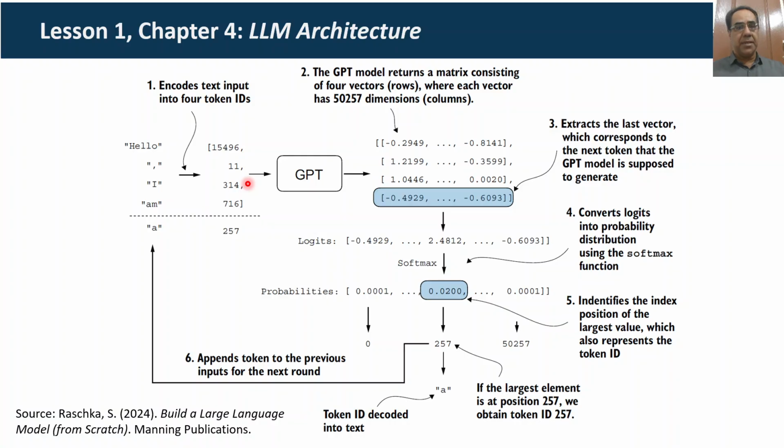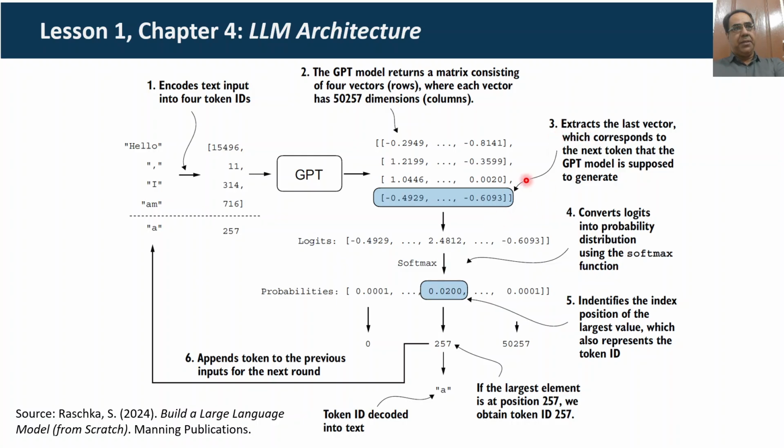These token IDs are then converted into 4 embedding vectors, and the resulting embedding vectors are fed to the GPT box. That's actually the stack of transformer blocks and the final layer norm and linear layer. The output of the GPT box is a matrix consisting of 4 vectors, each with 50,257 dimensions.